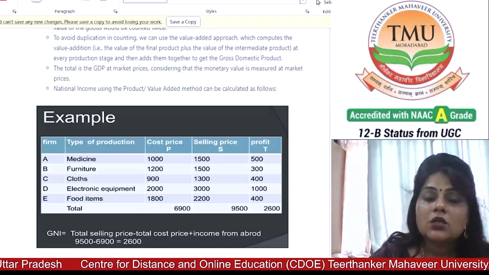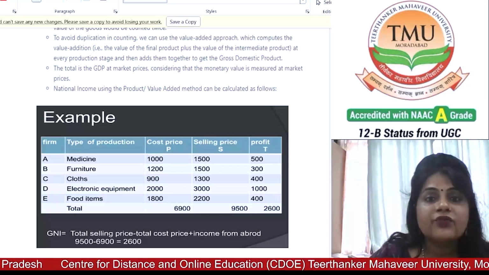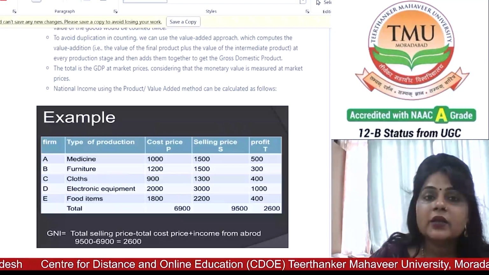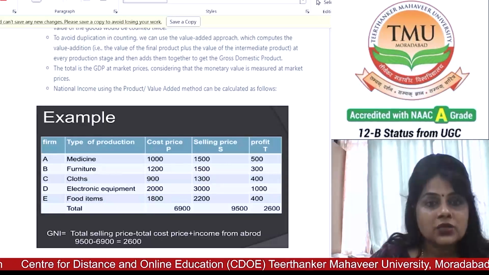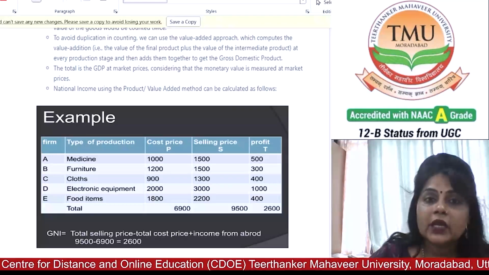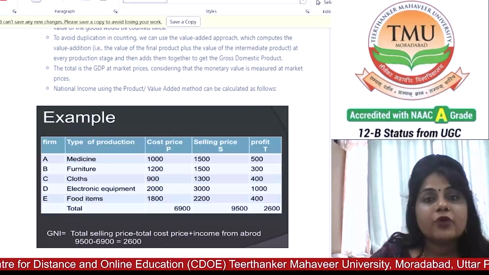Clothes: cost price 900, selling price 1300, profit 400. Electronic equipment: cost price 2000, selling price 3000, profit 1000. Food items: cost price 1800, selling price 2200, profit 400.